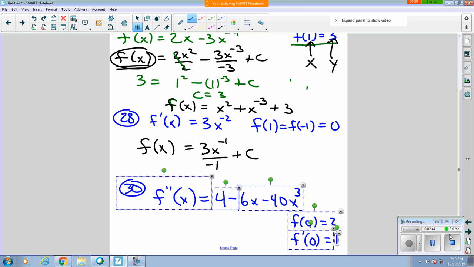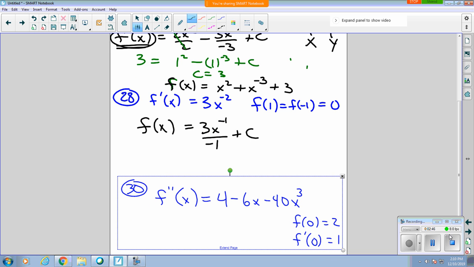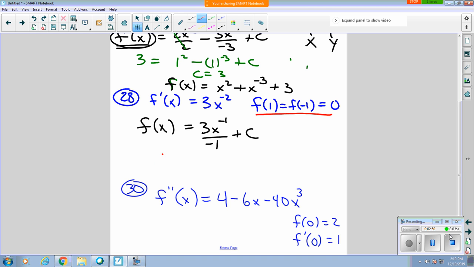I'm a little confused why there are 2 of them, so I'm going to want to check them both, because that's what it gave in the textbook. So it's 0 equals negative 3 over x plus c. And I know when x is 1, so I put in 1, I get c is 3.